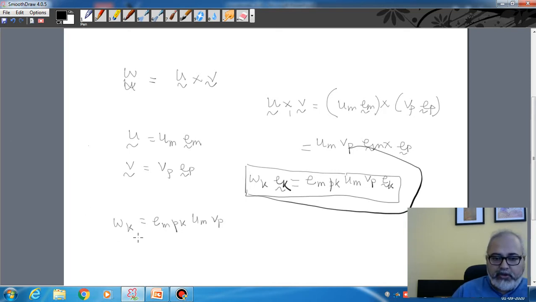Here you will notice that M and P are repeated indices, so we'll write them as J and K. I have changed this; this is not a repeated index, this is a free index, so I have to change it on the other side as well. So WI is EJKI UJ VK.